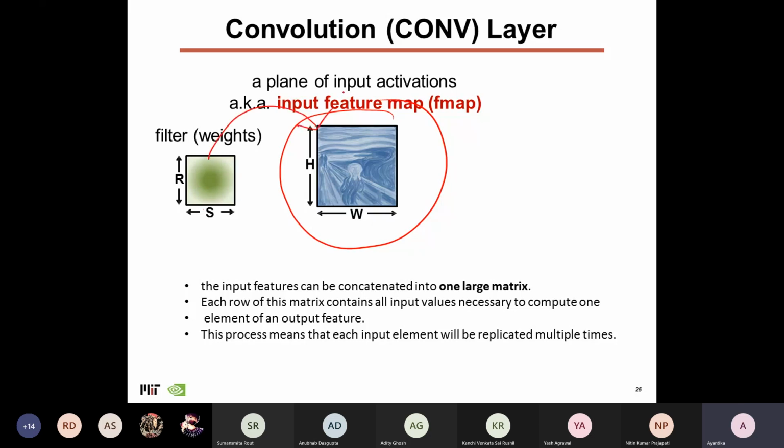A filter is nothing but another matrix, and you are doing this convolution, this matrix multiplication. With the result, you are trying to extract whether there is some particular pattern in a particular locality of that image. So that's why we term this layer the convolution layer.